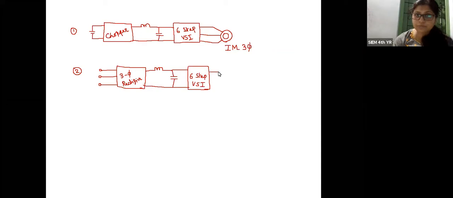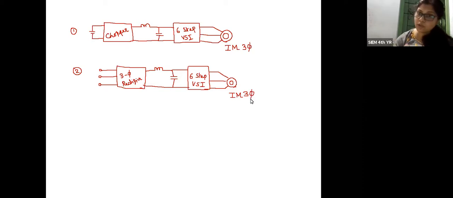Now the output of the VSI should be fed to the three-phase induction motor. So in this way also we can design this entire circuit.